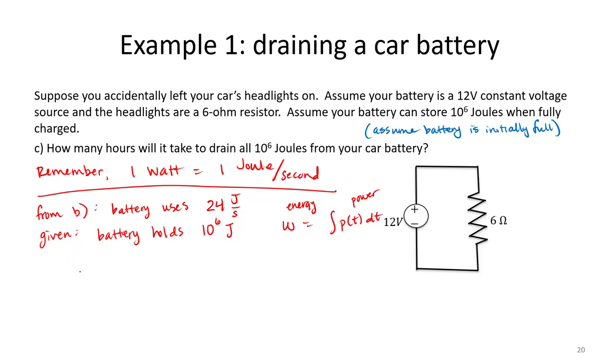So in this case, if we have initially 1 million joules divided by 24 joules per second, that tells us that it will take 41,667 seconds to drain 1 million joules.